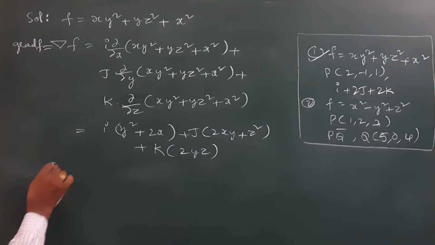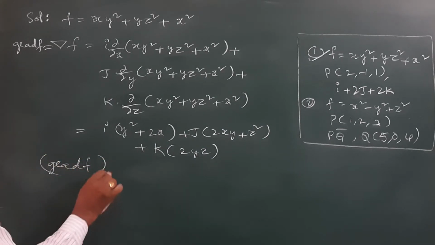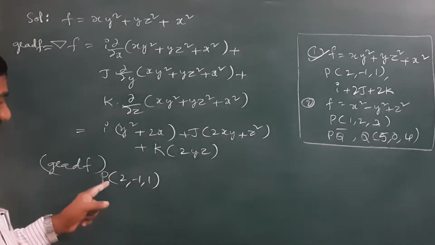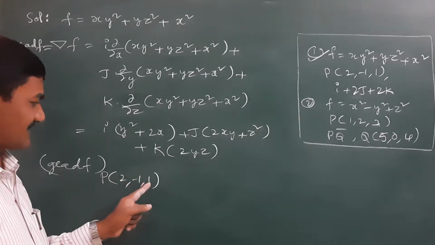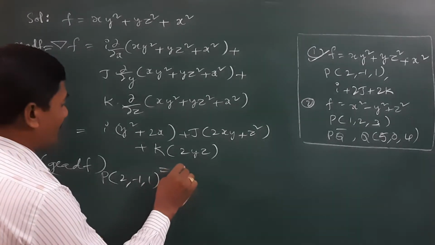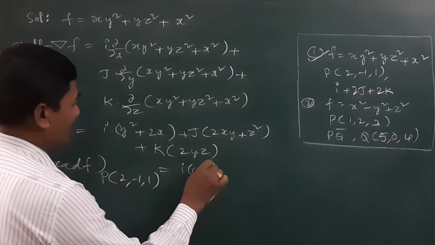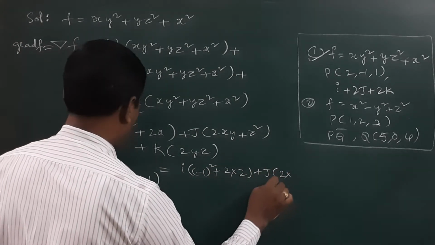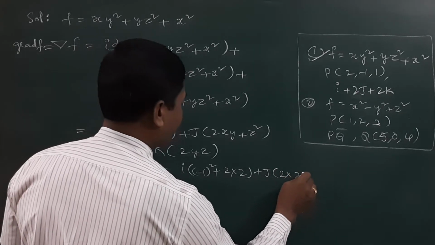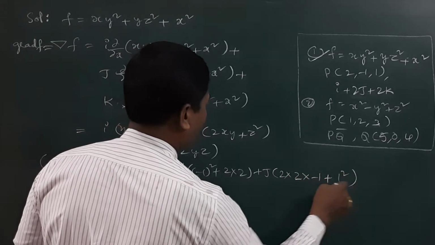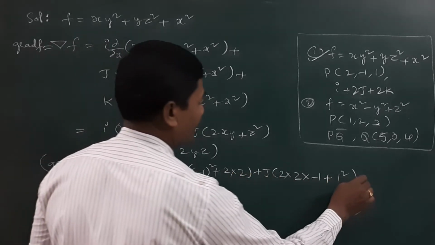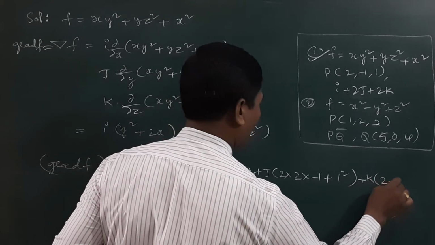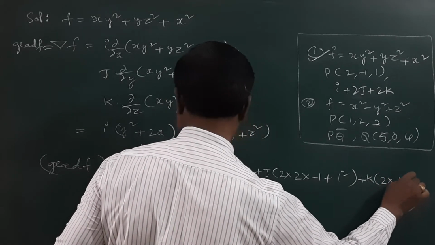And immediately the gradient of f at the point P, where P is (2, minus 1, 1). So x is replaced by 2, y by minus 1, z by 1. That is i times (minus 1) whole square plus 2 into 2, plus j times 2 into 2 into minus 1 plus 1 square, plus k times 2 into minus 1 into 1.